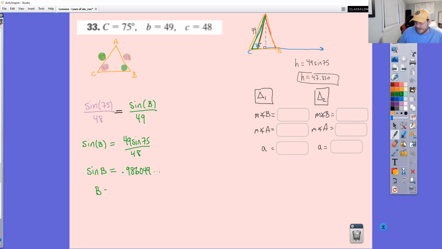So that means B is the inverse sine of that, 80.418. That's going to slide into case 1.